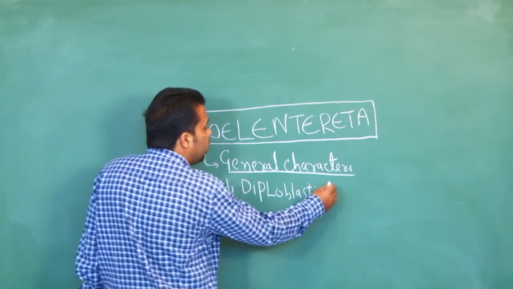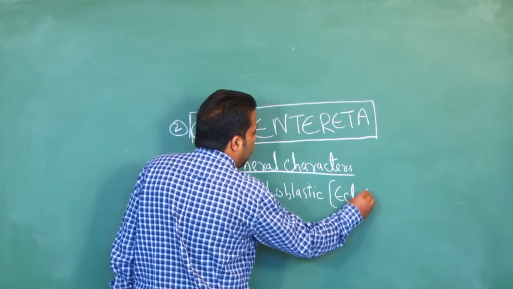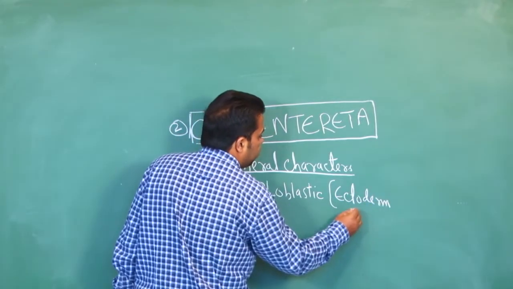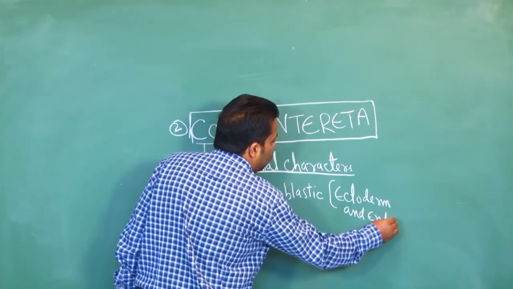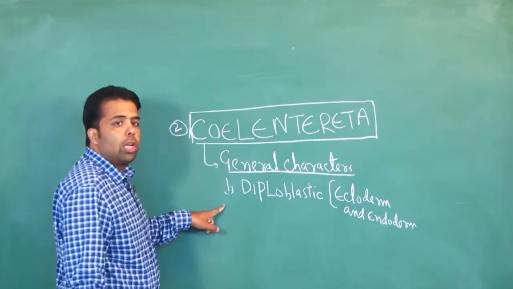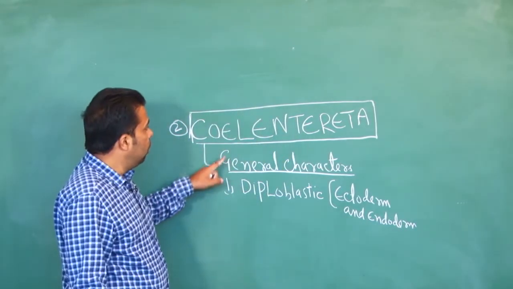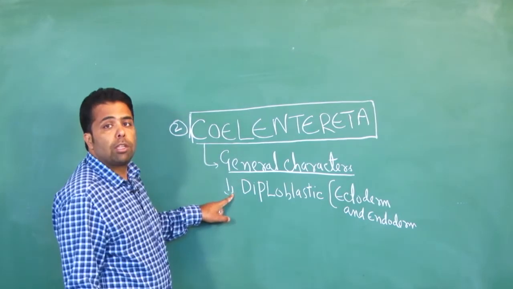What are those two germ layers? They are ectoderm and endoderm. So the first general character of phylum Coelenterata is they are diploblastic.